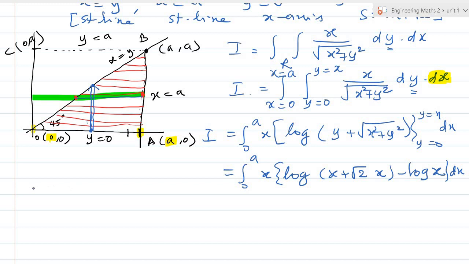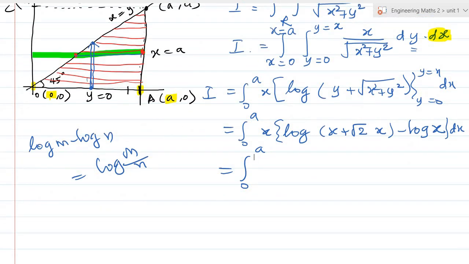You know the formula log m minus log n equals log m by n. So this gives the integral over 0 to a. Let me evaluate it now.